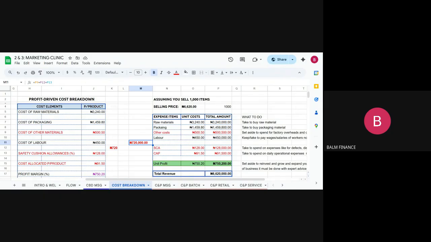You need to pay salary, you need to repair something, you pay your rent, you start spending from this 720. In a given month, before you are done spending this 720 and start spending from the profit, you find out that the month has ended. That way, you see, the 720 has protected your 750,200 naira profit.